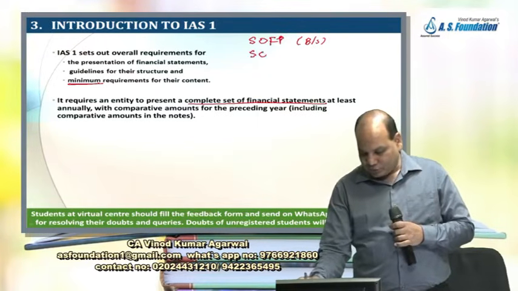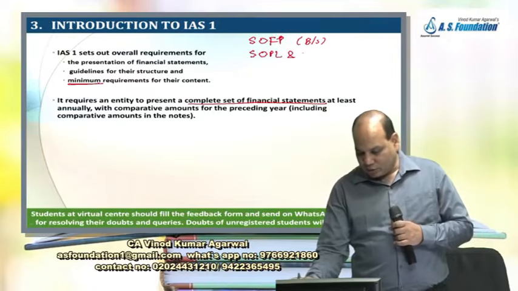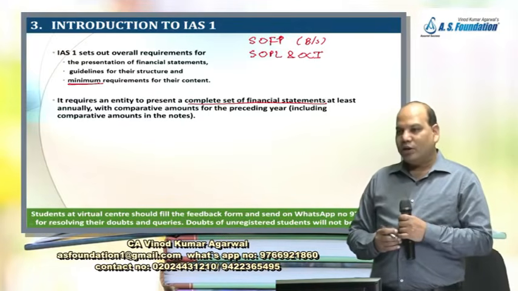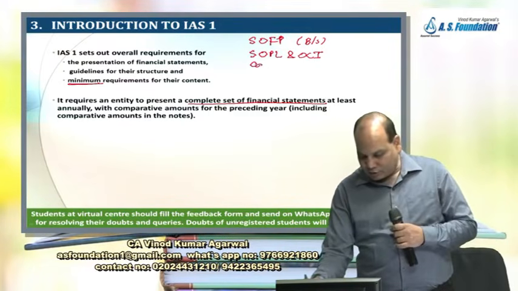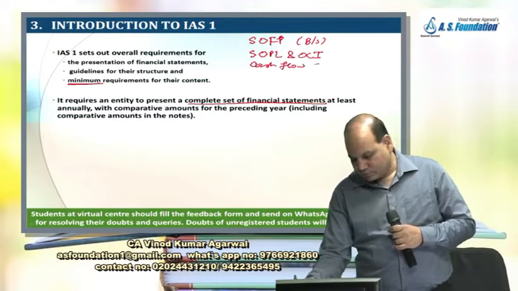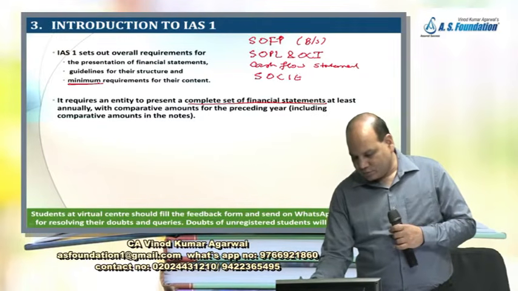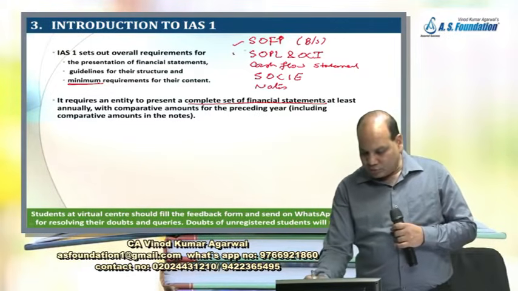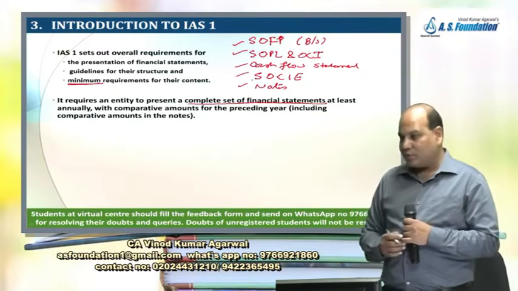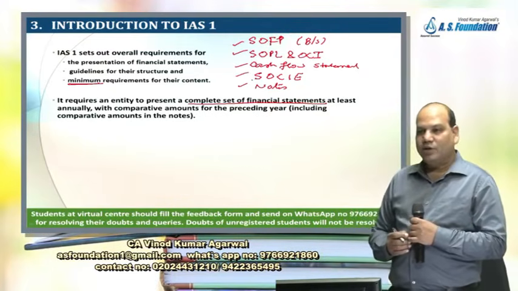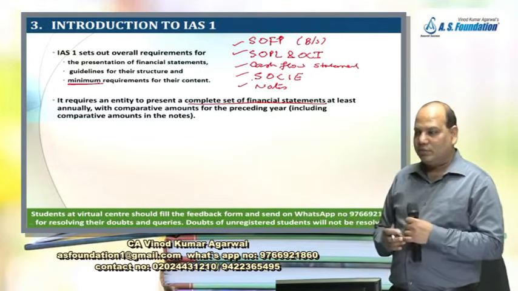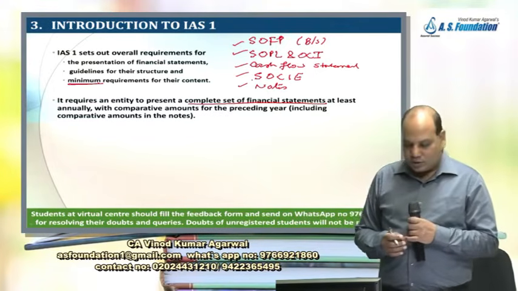Then we will prepare one SOPL and OCI, statement of profit and loss and other comprehensive income. Cash flow statement. One SOCE, statement of change in equity, notes. So usually these are the 5 items when you present is called a complete set of financial statement with all the details required by this standard and other standards.